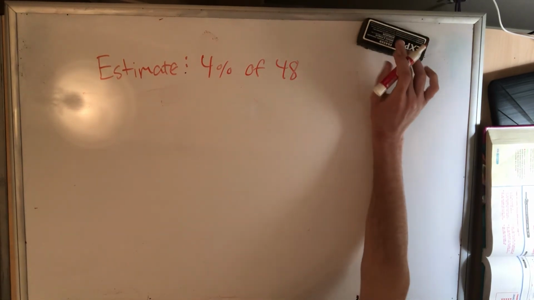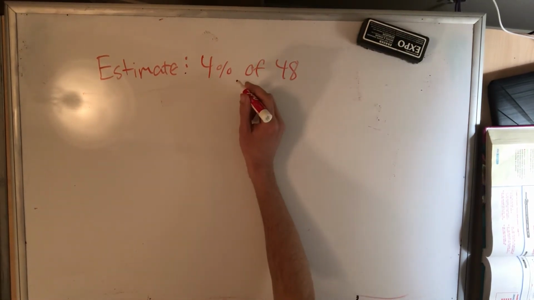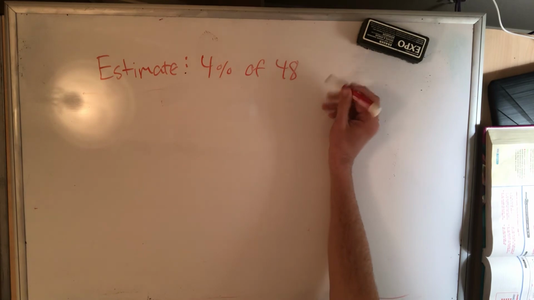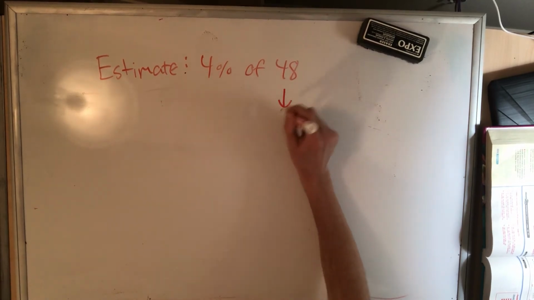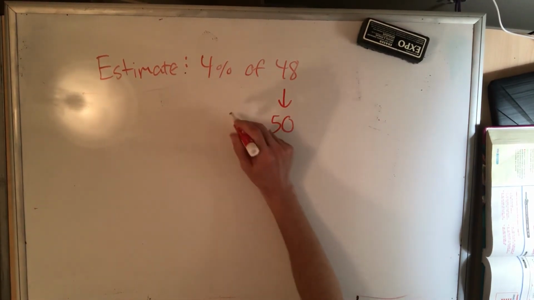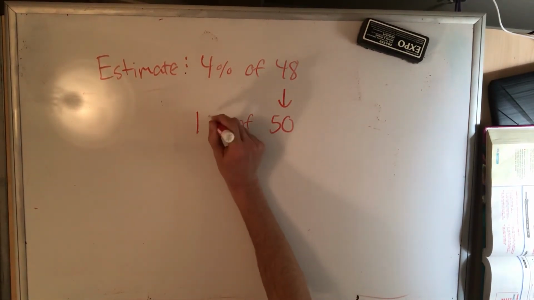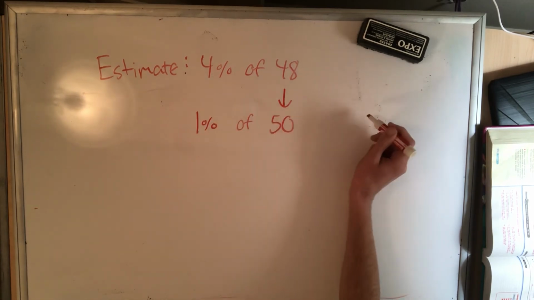Okay, so it can be helpful to use 1% or 10%. First of all, let's round 48 to 50, since they're pretty close. 1%, let's first find 1% of 50.